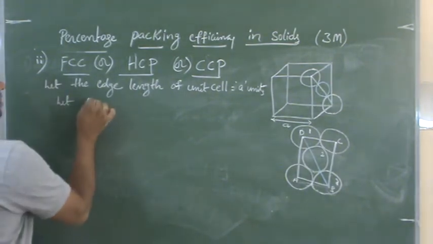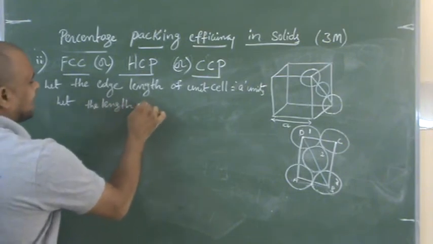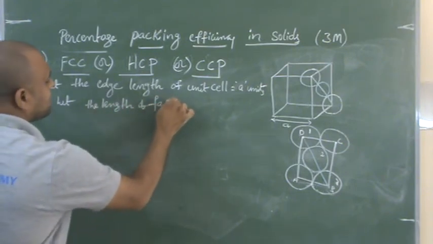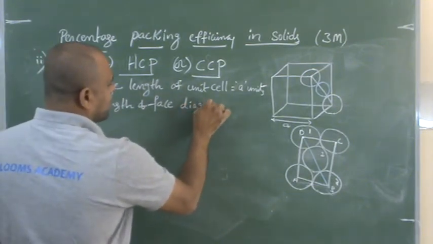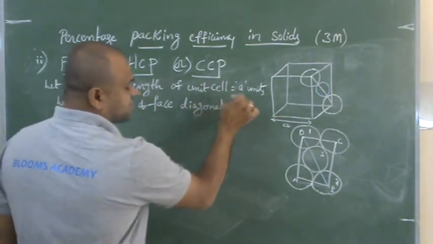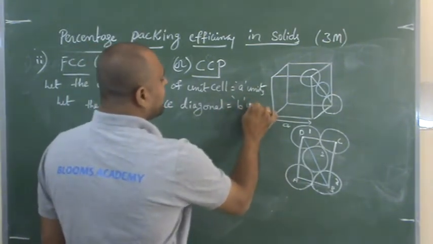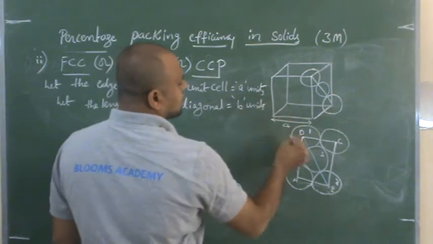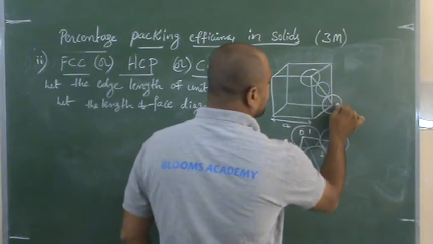Let the length of the face diagonal be b units. See this one. Here BD is there, no?